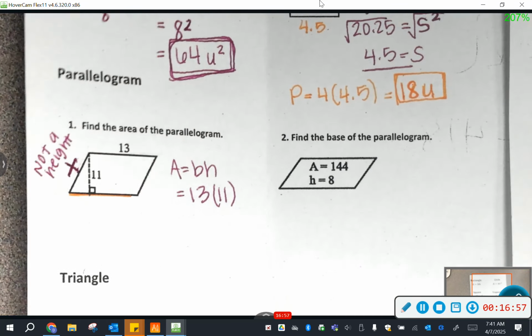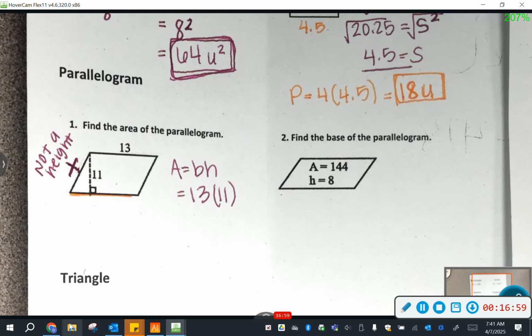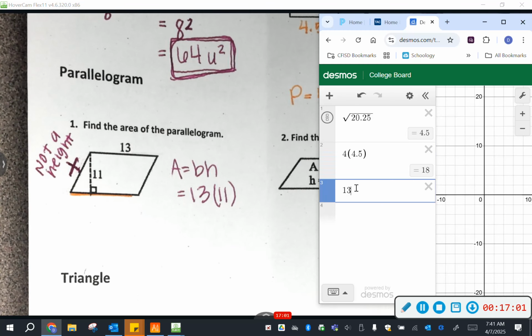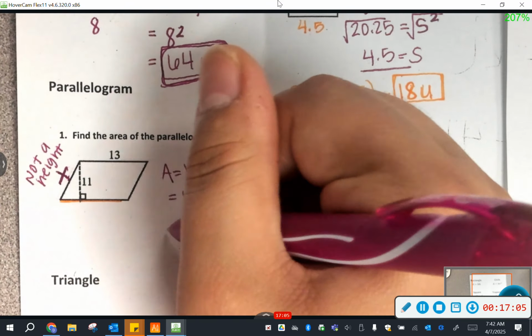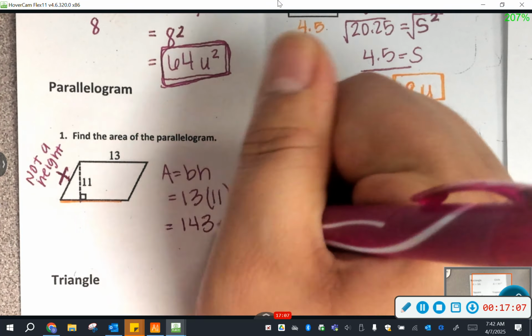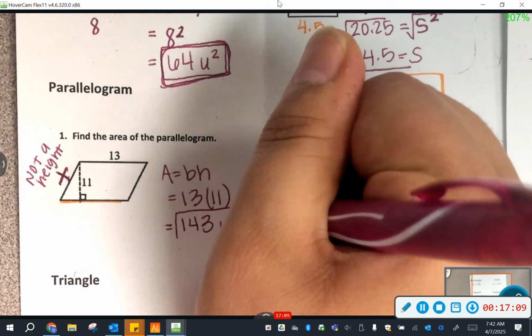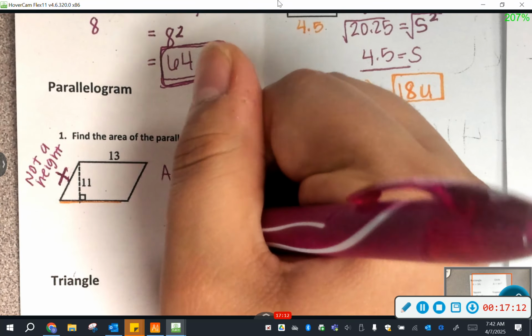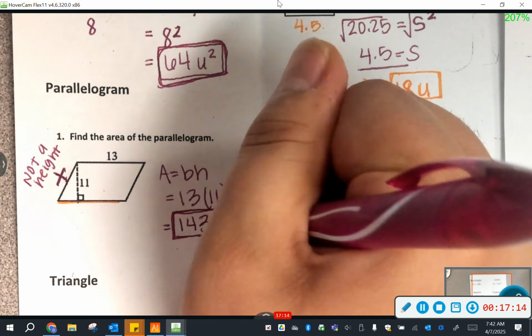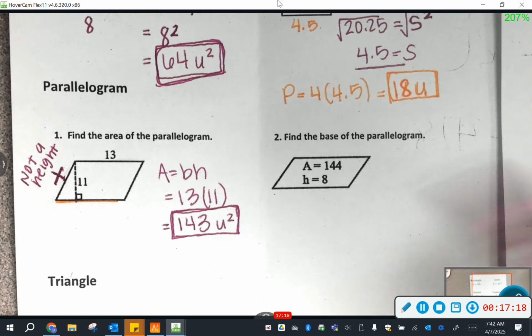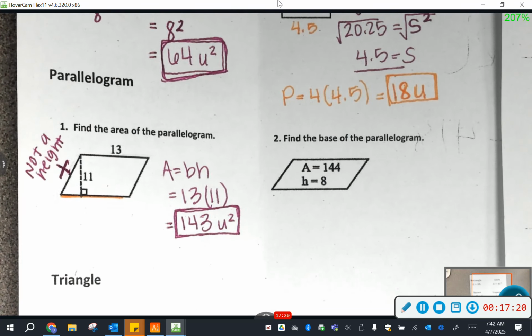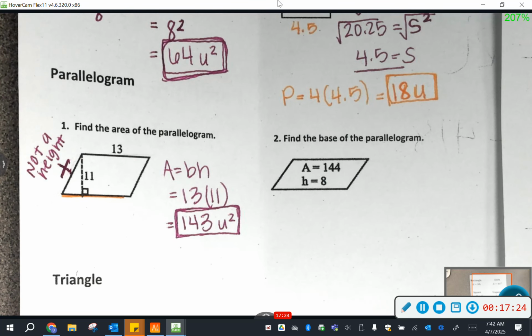And then what is 13 times 11? 143. Units squared. If I don't give you what the units are, you can just write units squared. But a lot of times I'll tell you it's inches or centimeters, so you do that squared. But here you're just going to do units.